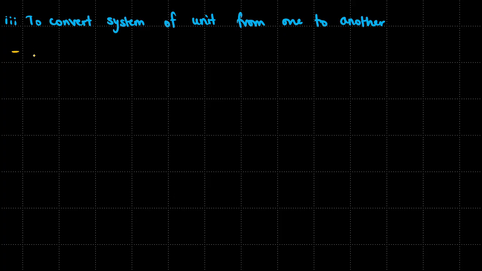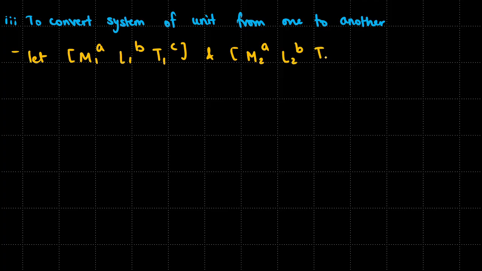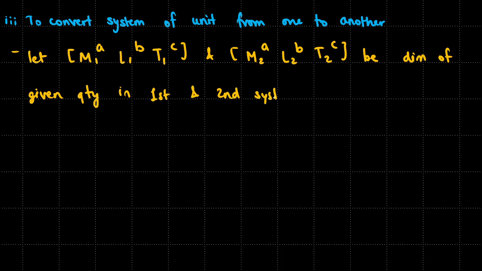So let m1 to the power a, l1 to the power b, t1 to the power c, and m2 to the power a, l2 to the power b, t2 to the power c be the dimensions of a given quantity in the first and second system.